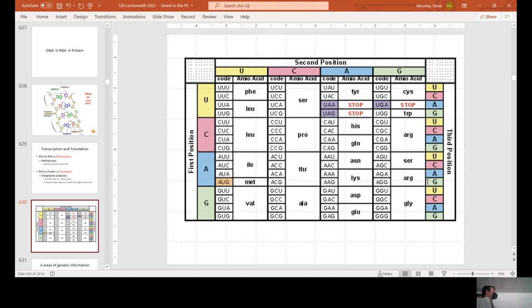Sometimes we need all 3 to get to a specific amino acid. Sometimes we just need the first 2. So that third spot over here for threonine, doesn't matter which nucleic acid is there, we're still going to get threonine. And that happens in a number of different cases up there.